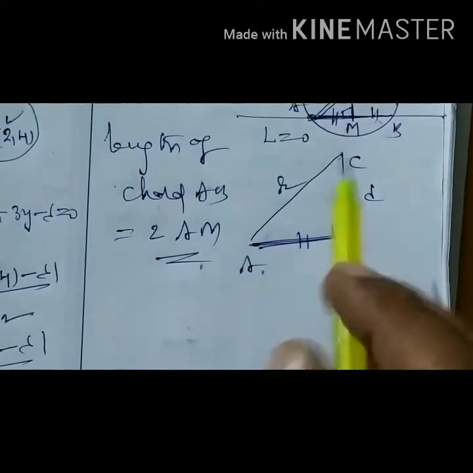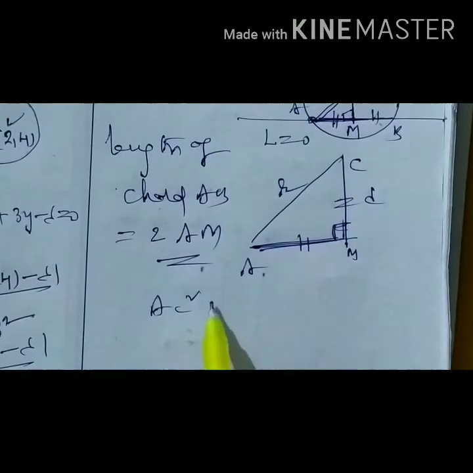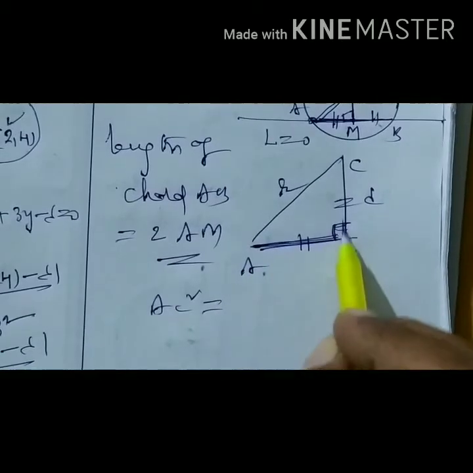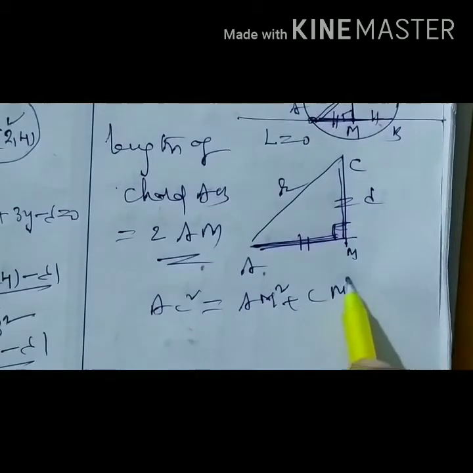From this right angle triangle, applying the Pythagoras rule, we get AC square is equal to side square plus side square, that is AM square plus CM square.